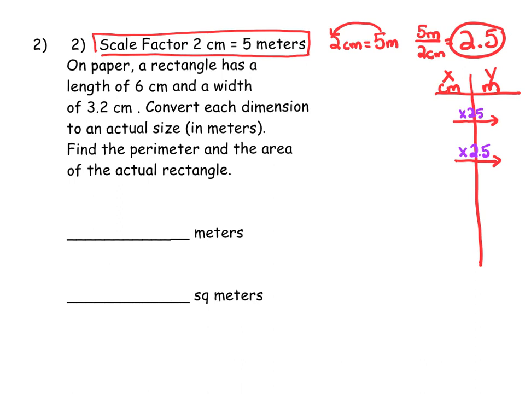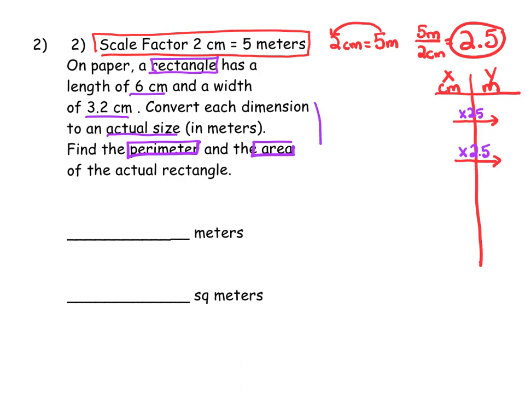It says, on paper, a rectangle has a length of 6 centimeters and a width of 3.2 centimeters. Convert each dimension to an actual size in meters, then find the perimeter and the area of the rectangle.